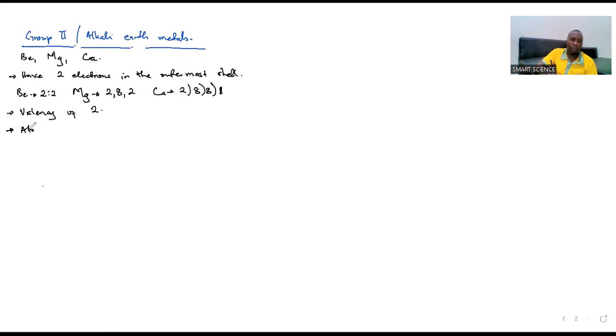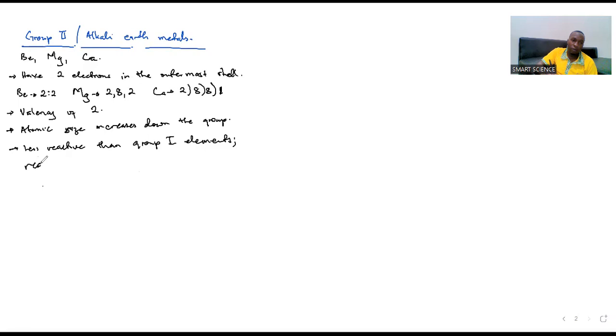Next, atomic size increases down the group. These elements are less reactive than group 1 elements.